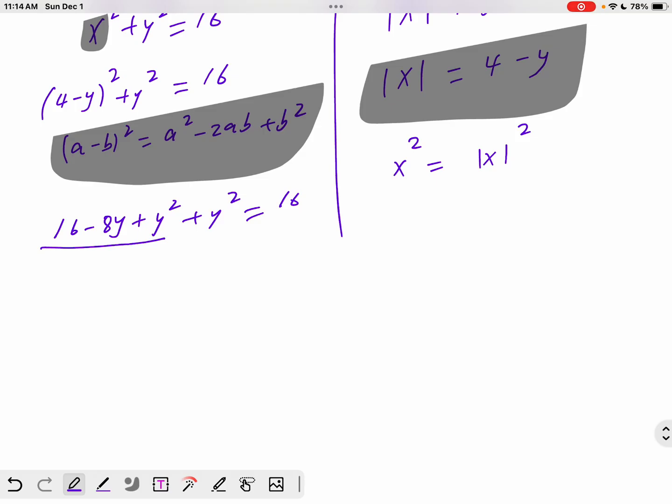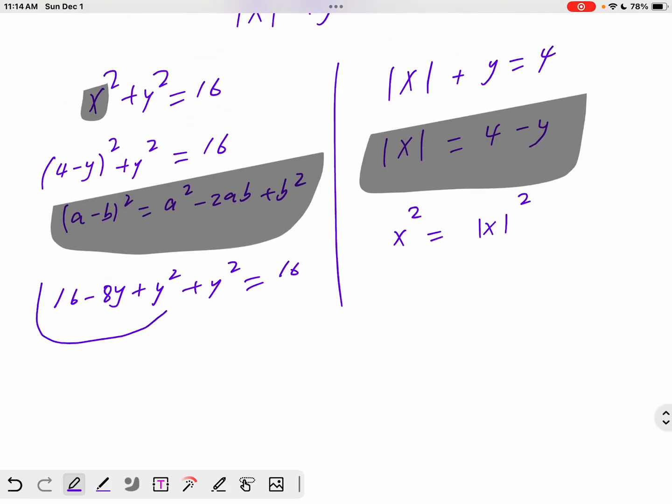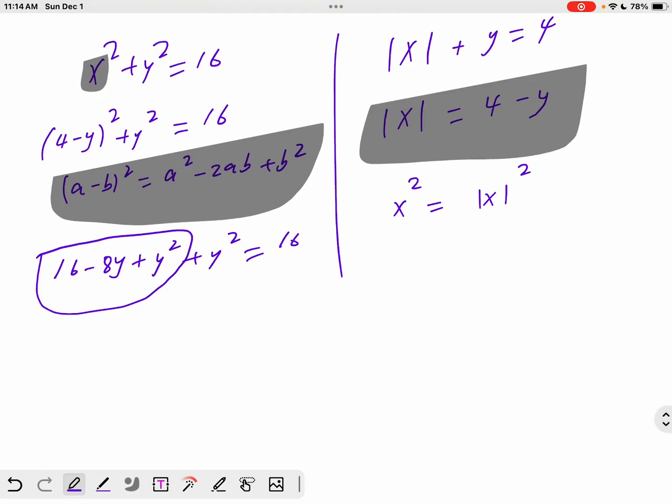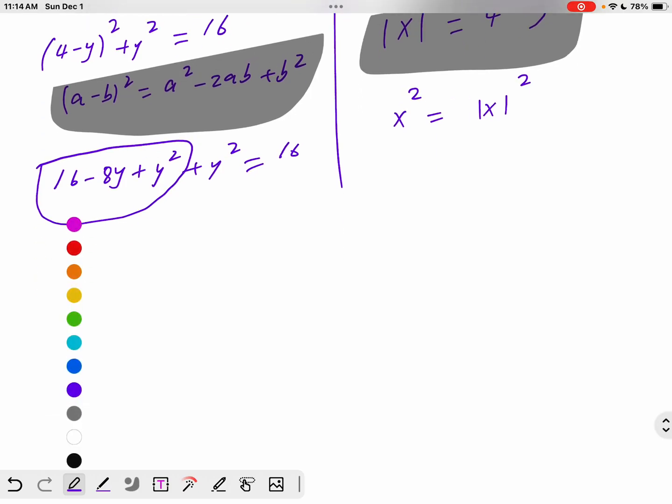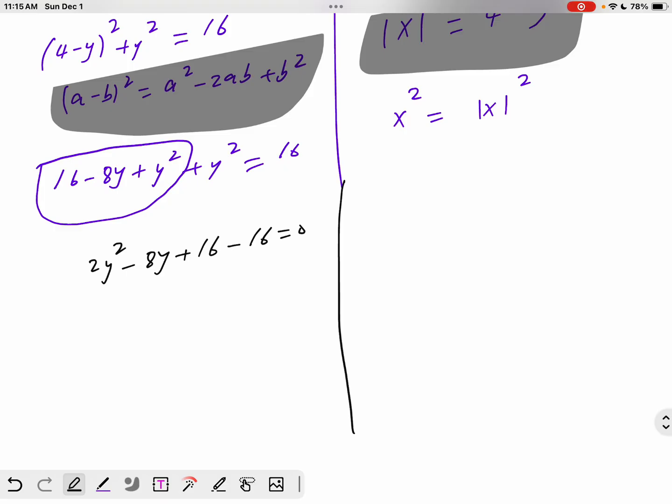So let's write it in descending order. y squared plus y squared is 2y squared. So this here is your perfect square trinomial. So then 2y squared minus 8y plus 16, minus 16 on the other side, bring it over. So they become 0.